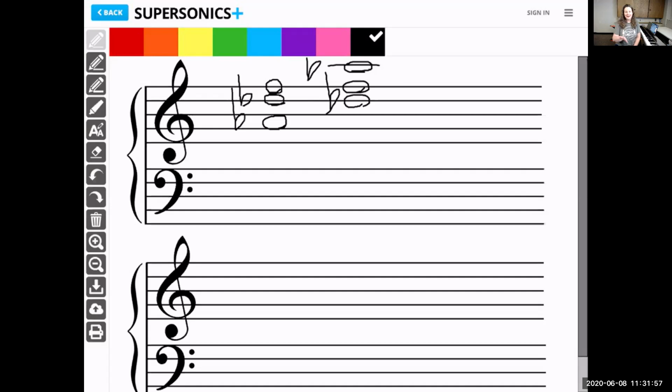It'll look much better on your version when you're not using an iPad for the technology. But now I have my chord in root position. My bottom note I can highlight, and my bottom note is, you guessed it, D flat. So that is the name of the chord. Alright, so that is section F.